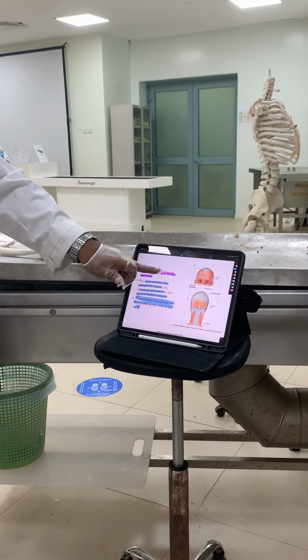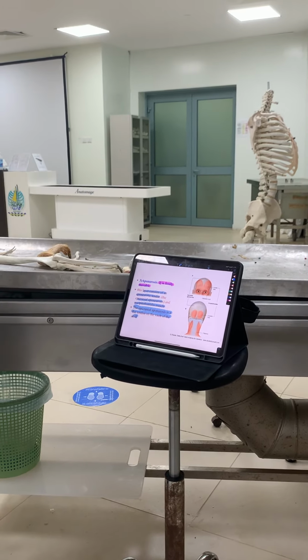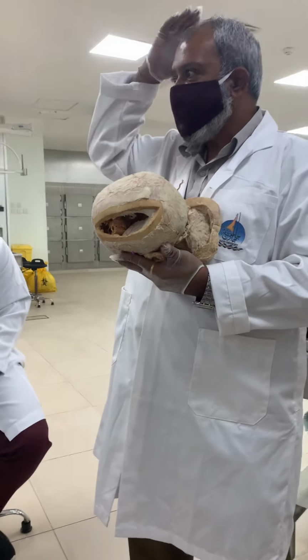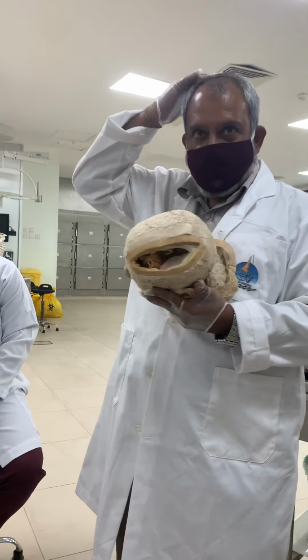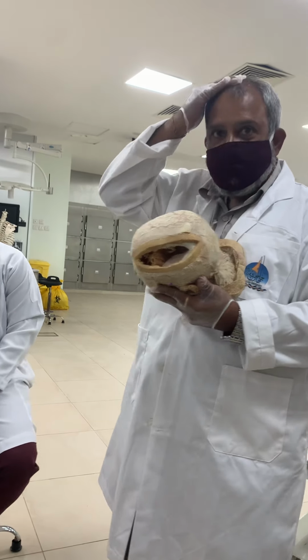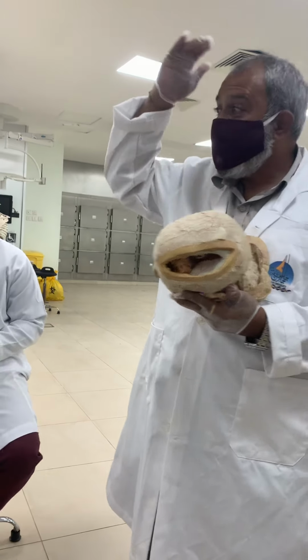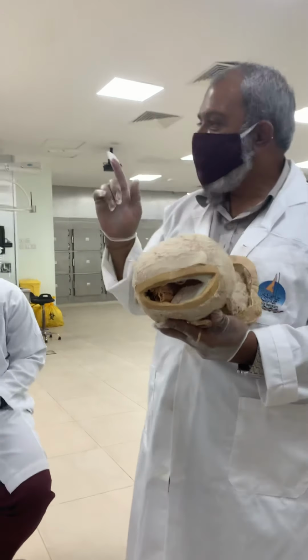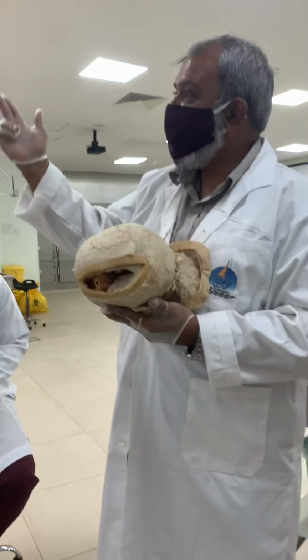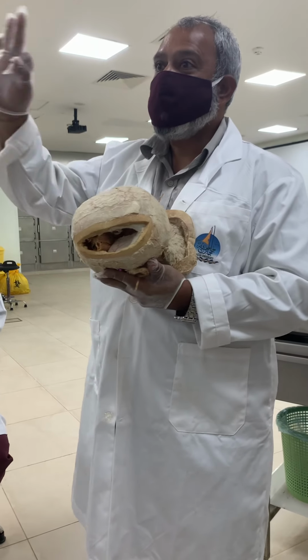One more thing. The aponeurosis is freely mobile. What did I tell? Freely mobile. Move your hand. This is the aponeurosis. What is it made of? It has skin, superficial fascia, and aponeurosis. All these three layers move together.